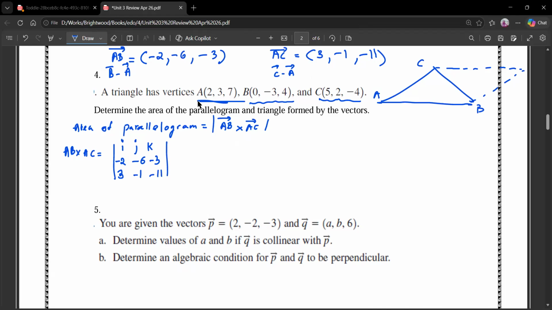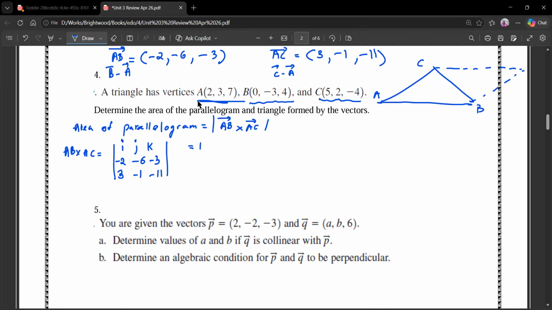Now you can take it as a cross multiplication, using the IJK values.